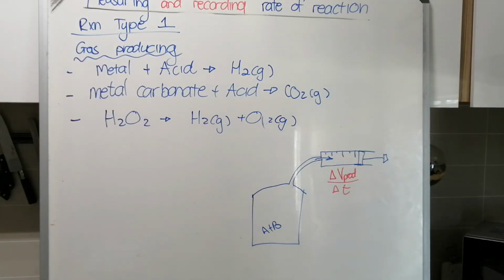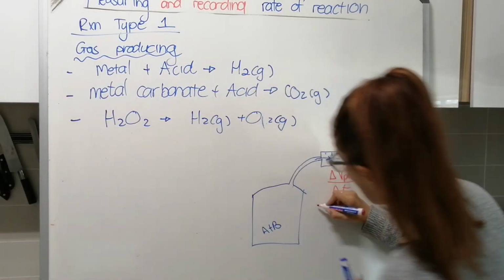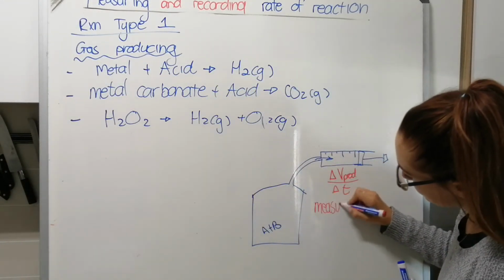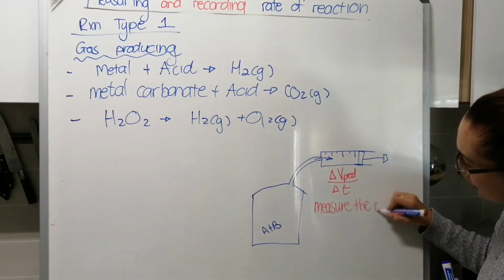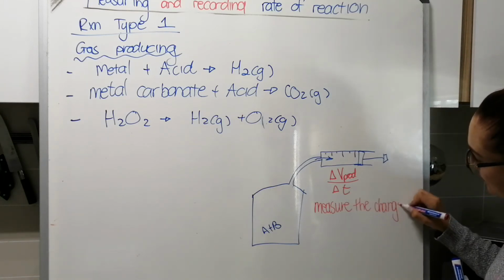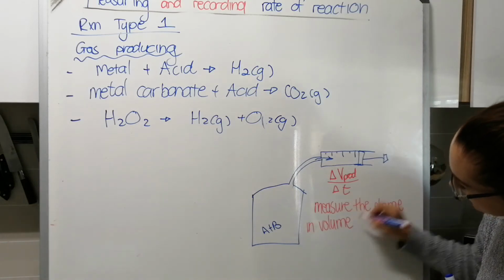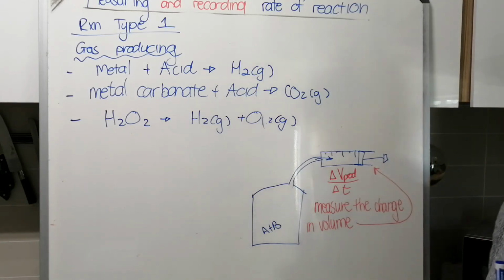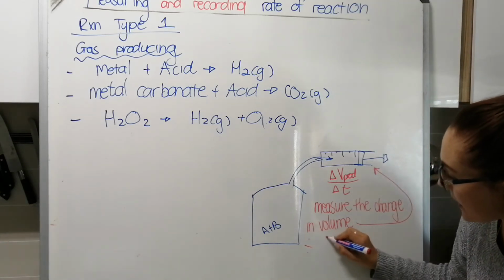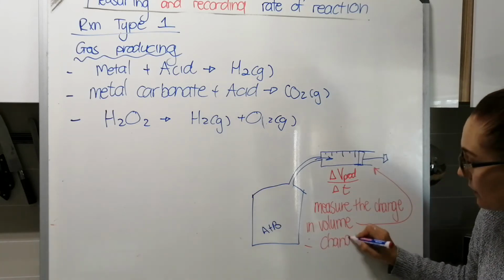As the reaction progresses, you would measure the change in volume of what's in your syringe and divide it by the change in time, and that will give you your reaction rate.